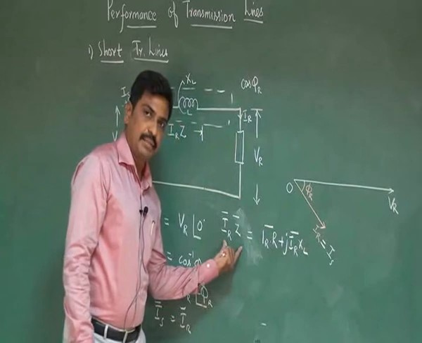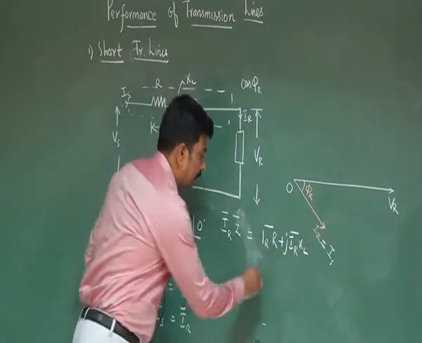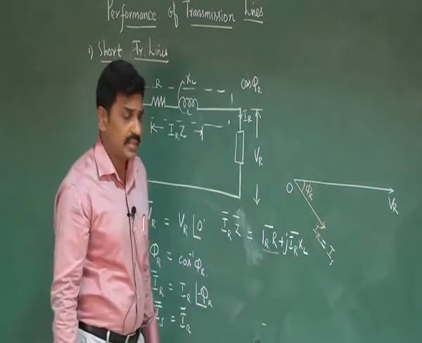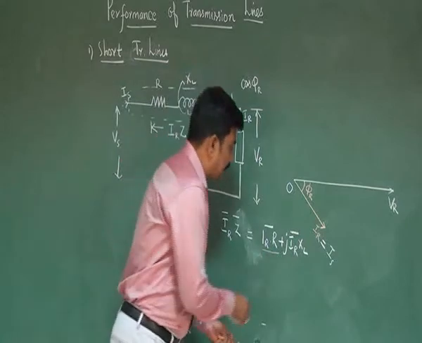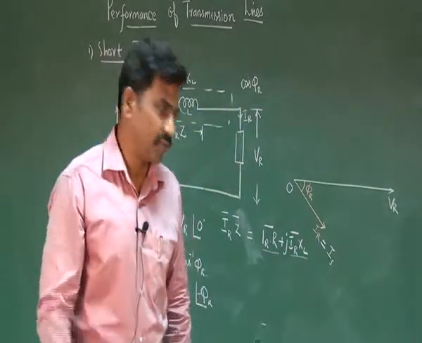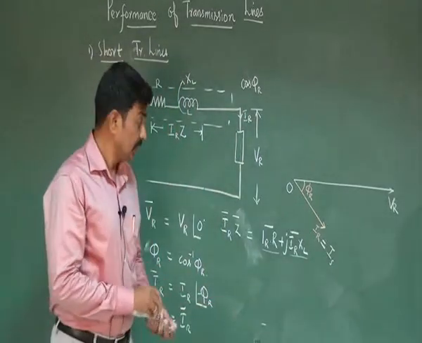The series impedance voltage drop comprises two parts. This one is the resistive voltage drop, mainly because of the resistance of the transmission line, and the second part is the inductive reactive voltage drop, mainly because of the inductance of the transmission line.